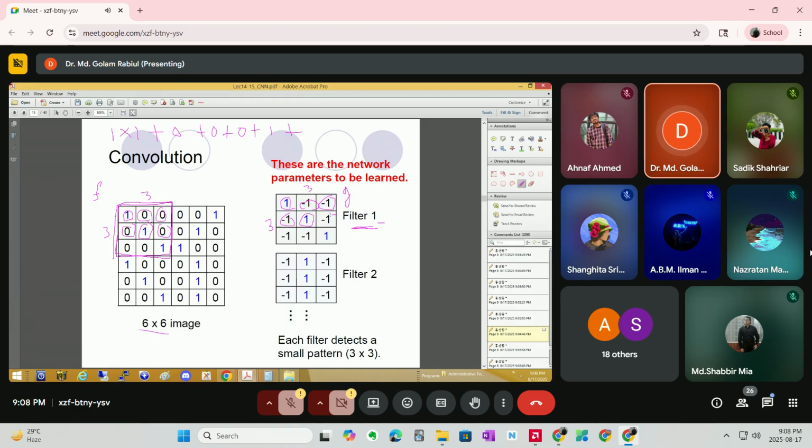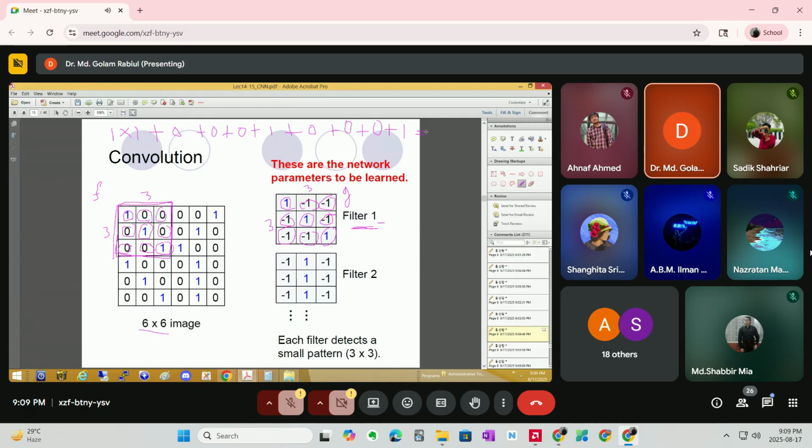Here is negative 1, so that means we will get again 0, plus, this is 0 and this is negative 1, so we will get 0, plus, this is 0 and this is negative 1. So 0 times negative 1 is 0, plus here is 1 and here is also 1, 1 times 1 is 1.